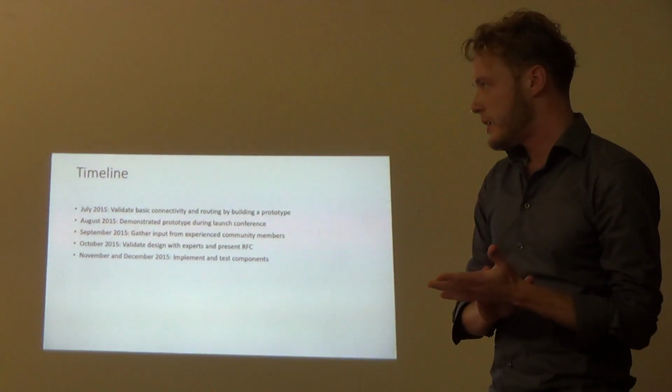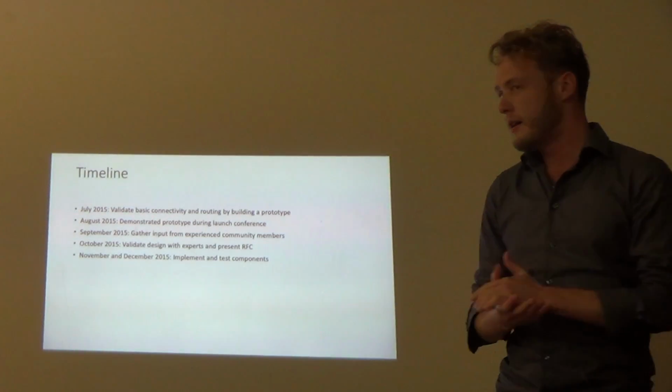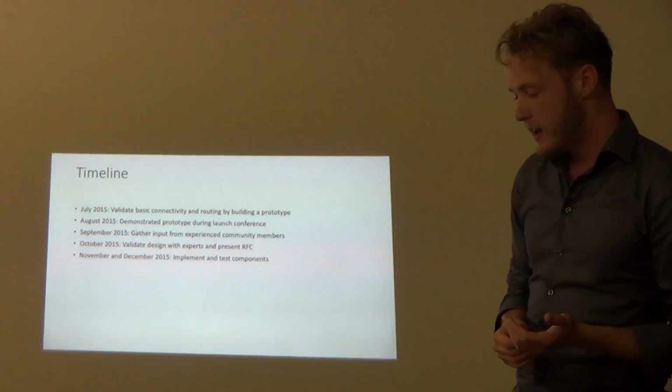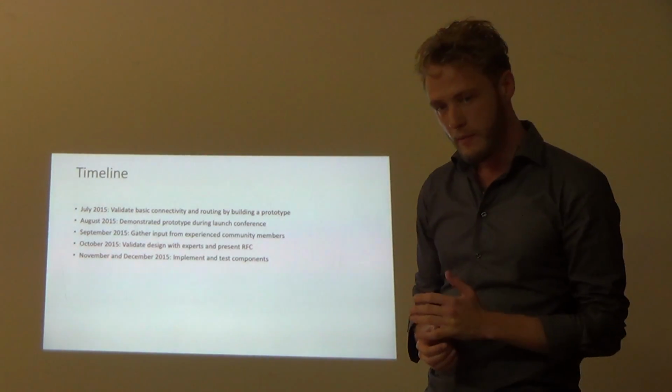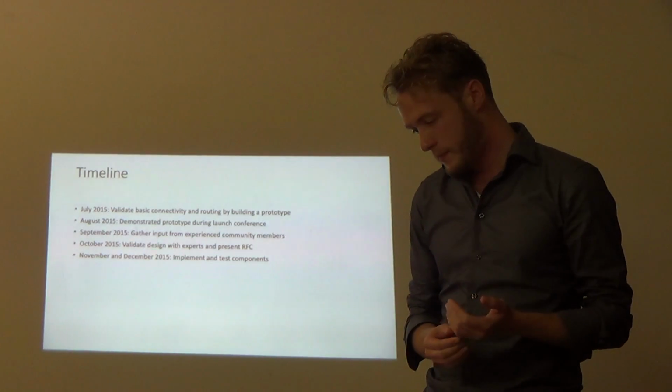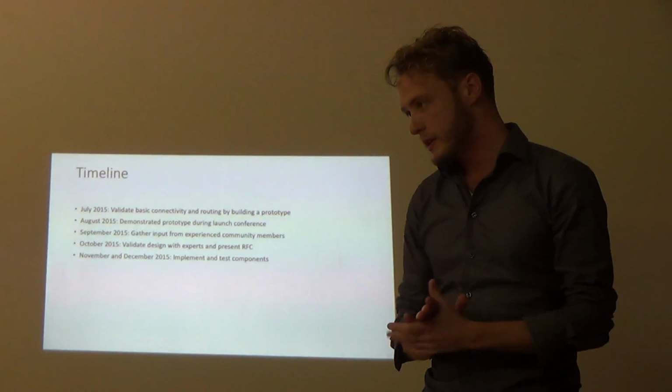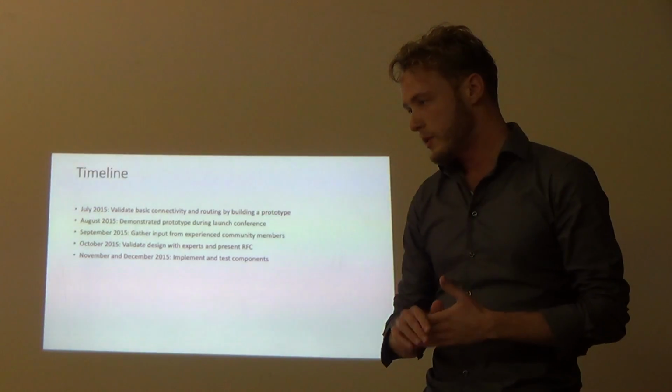So in September we started to gather feedback from experts and the experienced community members. And now, in the last weeks actually, we came up with what I'm going to present today.